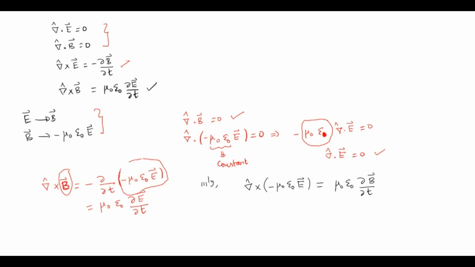And notice that this can be written as minus mu naught epsilon 0 curl of E, that is equal to mu naught epsilon 0 partial derivative of B with respect to t. So in the constants ஐ cancel பண்ணிடலாம். So this can be rewritten like curl of E vector is equal to minus partial derivative of B with respect to t. So we start with equation number 4 and we end up with equation number 3.